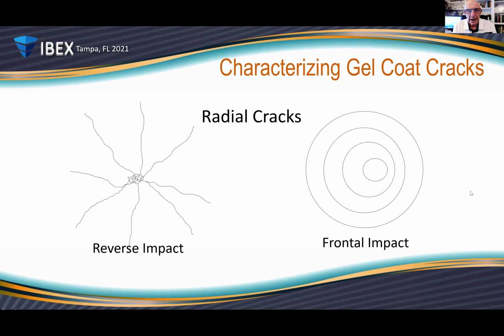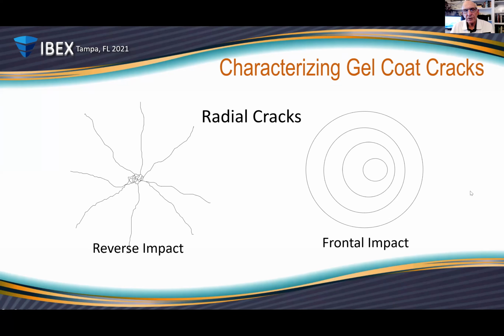Reverse impact cracks, quite commonly known as spider cracks, are formed, as the word implies, from a reverse impact to the laminate, an impact on the back side of the laminate that affects the front side of the gel coat. If we take that exact same impact on the gel coat side of the laminate, it will form that frontal impact, that concentric ring type impact.